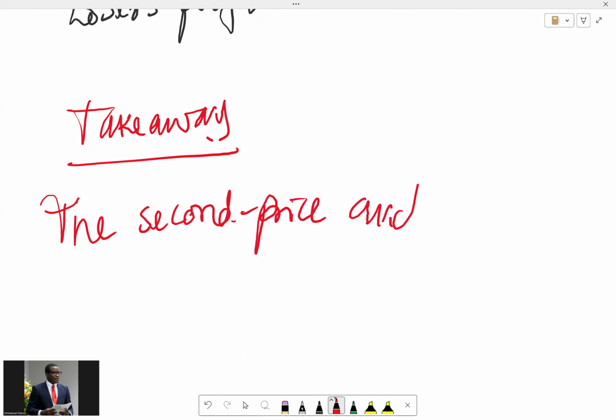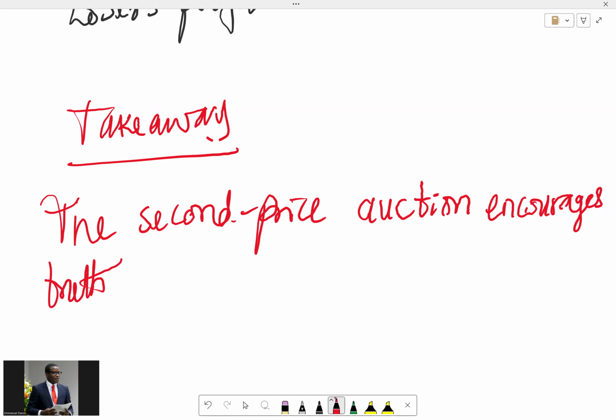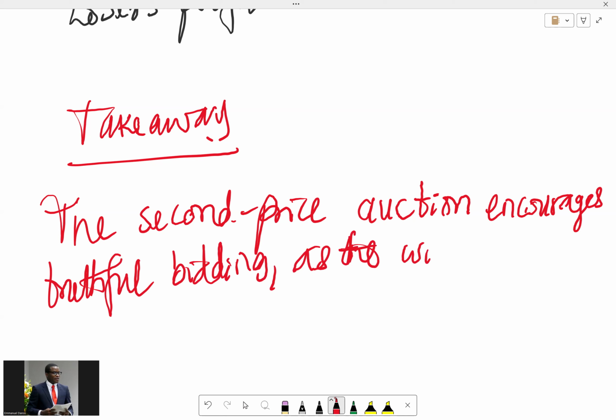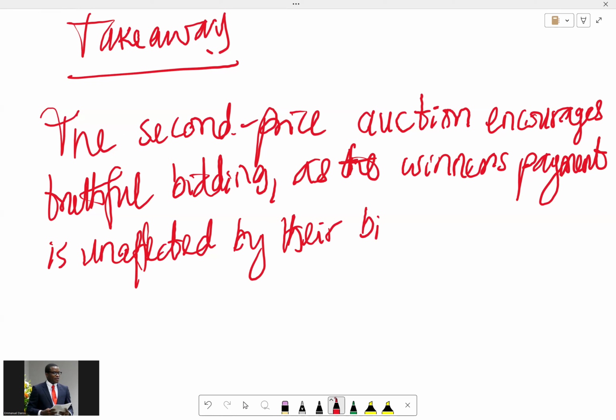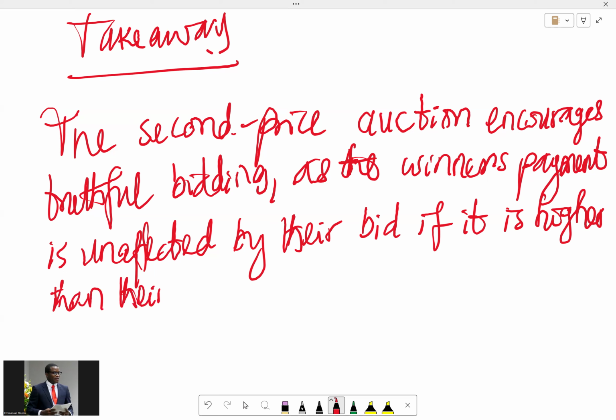The second price auction encourages truthful bidding, as the winner's payment is unaffected by their bid if it is higher than their rivals'.